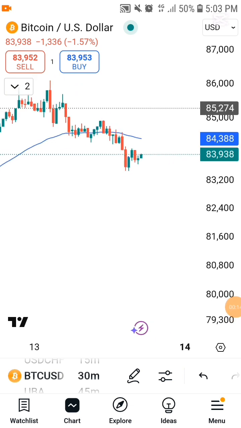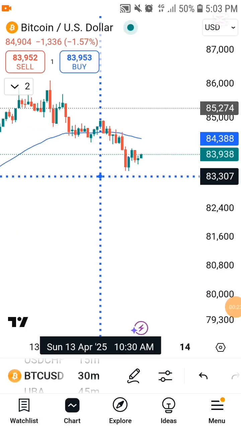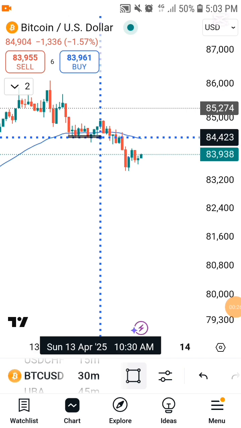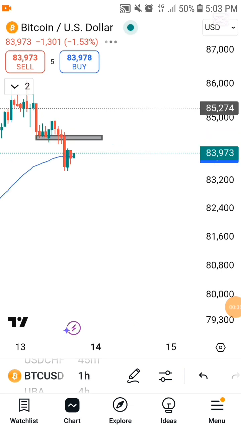Let's assume that this is 30-minute resistance. Let's mark the 30-minute resistance. This is our 30-minute resistance, right? And I said that as a scalper, you are trading between 1 hour and 30 minutes. Let's go back to 1 hour. Can you see?